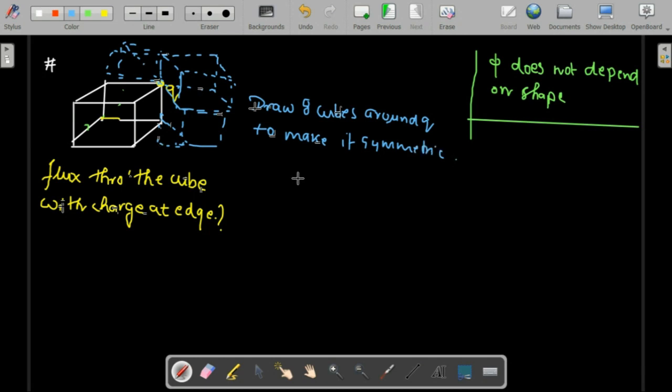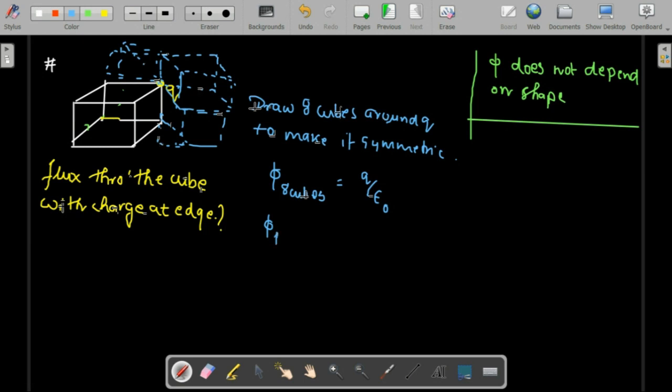So I'm considering the total flux that is going out through all the 8 cubes. That's obviously, as per Gauss's law, Q divided by epsilon naught. But the question says, what is the flux coming out of this cube? This is 1/8 of the total Gaussian surface that we have.